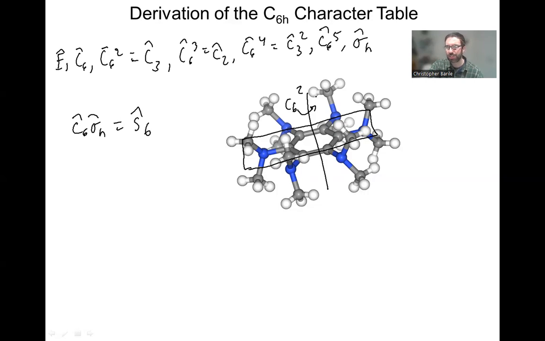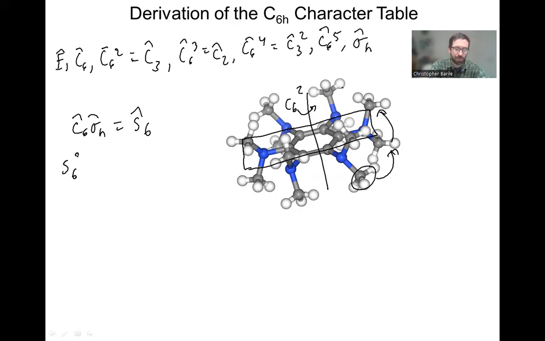So you're going to do a 60-degree turn, taking this methyl group to this methyl group, and then flip it up above the mirror plane to that methyl group. That's the sigma h part of it, that last flip up. So that's a unique operation, the S6.